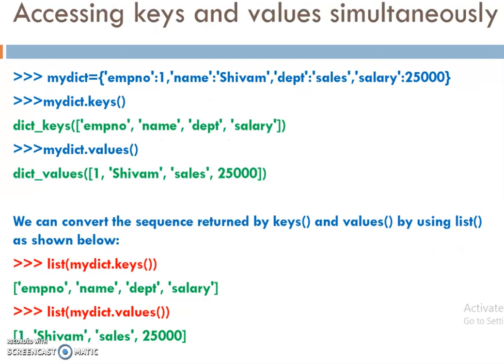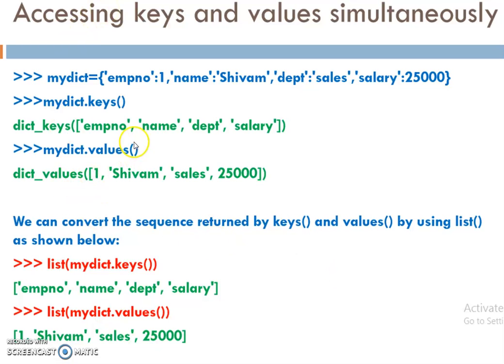Next one, accessing keys and values simultaneously. See here we have one dictionary and my dict.keys. This one is a function. When you use my dict.keys, it will display all the keys inside the dictionary: emp number, name, department and salary.